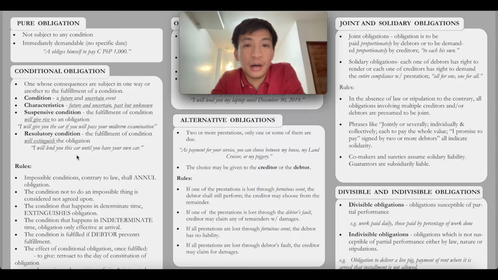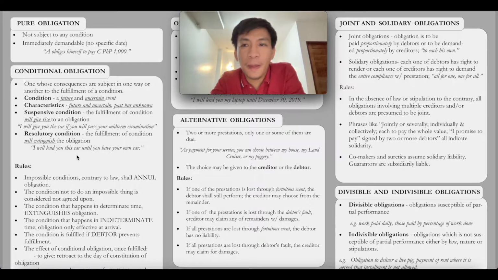At dahil impossible yung condition, it will not happen anyway, might as well annul the obligation. Kumbaga, annulment means it will stop, or it will eliminate yung obligation. So if there is an impossible condition, it will annul the obligation.